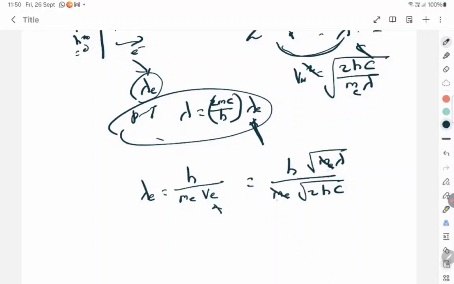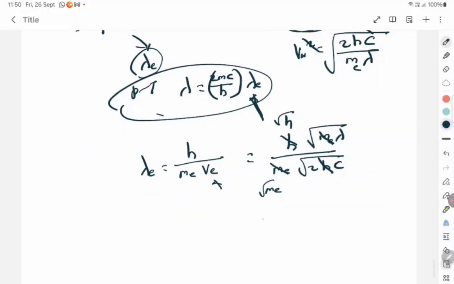So this and this get cancelled. This will become root me, and h and h will get cancelled. This will become root h, and so the entire answer becomes root of h lambda by root of 2me into c, and that's what is lambda e.